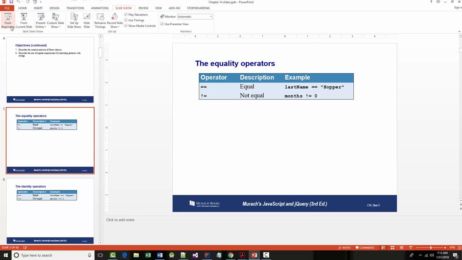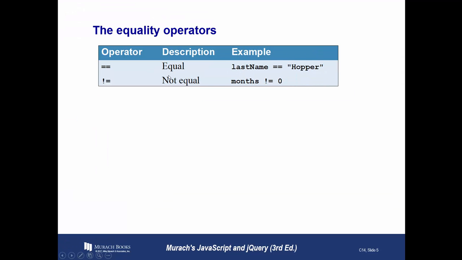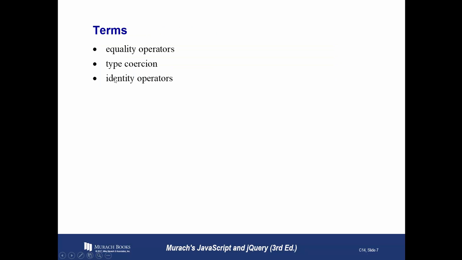It doesn't check the data types. So typically, when you want to check the data type also, you use the identity operator. So that's a triple equal sign for equal, and for inequality, rather than an exclamation point equal, it's an exclamation point equal equal. I think I kind of beat that to death.